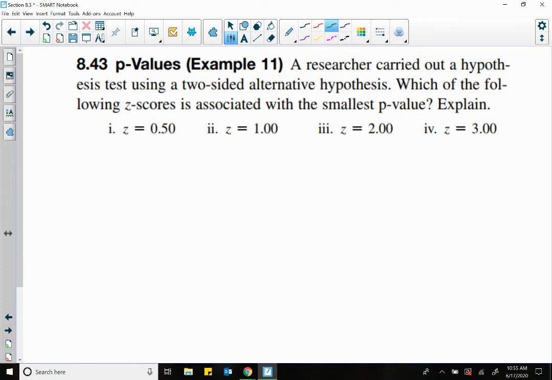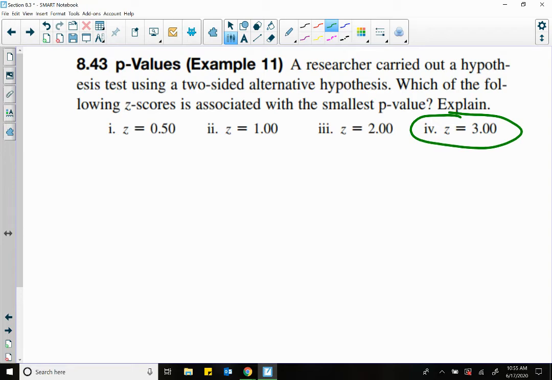The more extreme the z-score, the smaller the p-value. So you just got to look and see who has the largest z-score. And that would be this one. And right there, what I just said to you is the reason for it. The larger the z-score, the smaller the p-value. And that is the largest z-score.